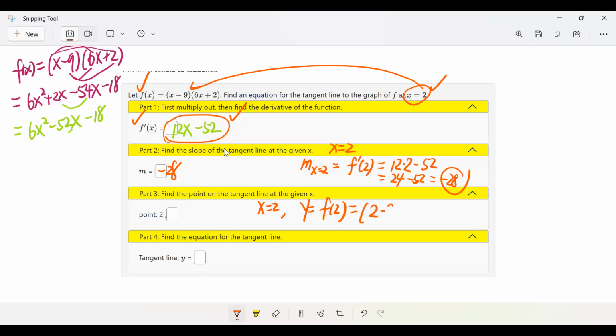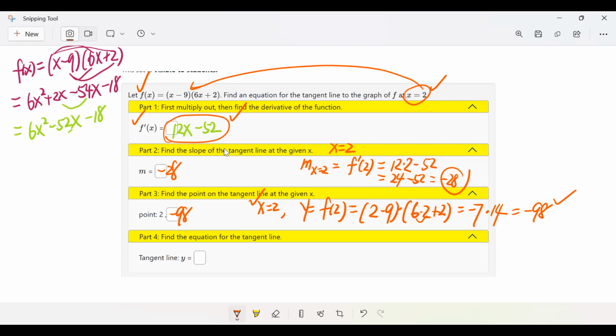So we have 2 minus 9 times 6 times 2 adding 2. 2 minus 9 is minus 7. 6 times 2, that's 12, right? Adding 2, 14. Multiply, this is negative 98. So the coordinates x, y: 2 comma negative 98.